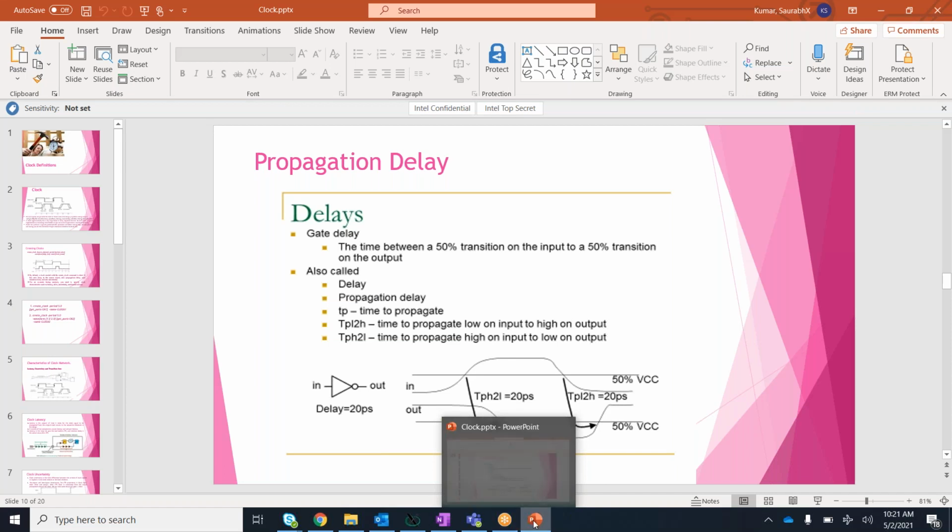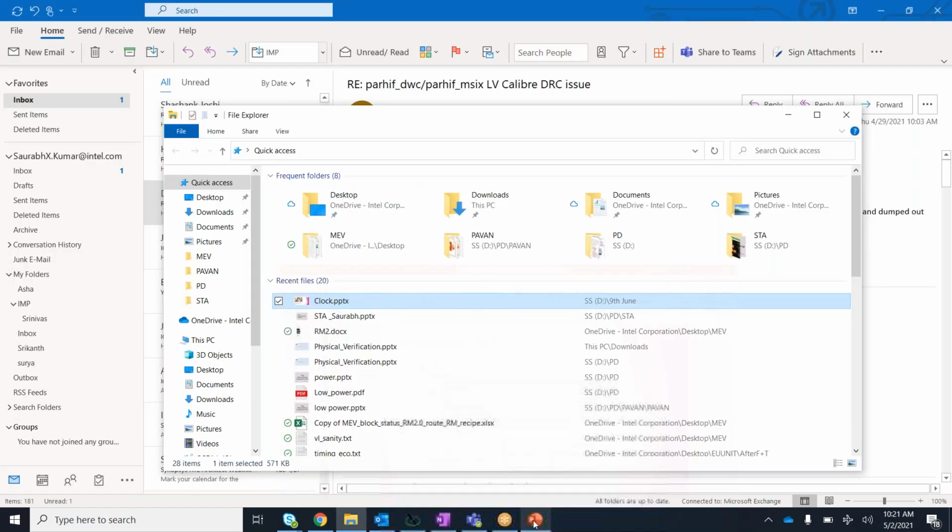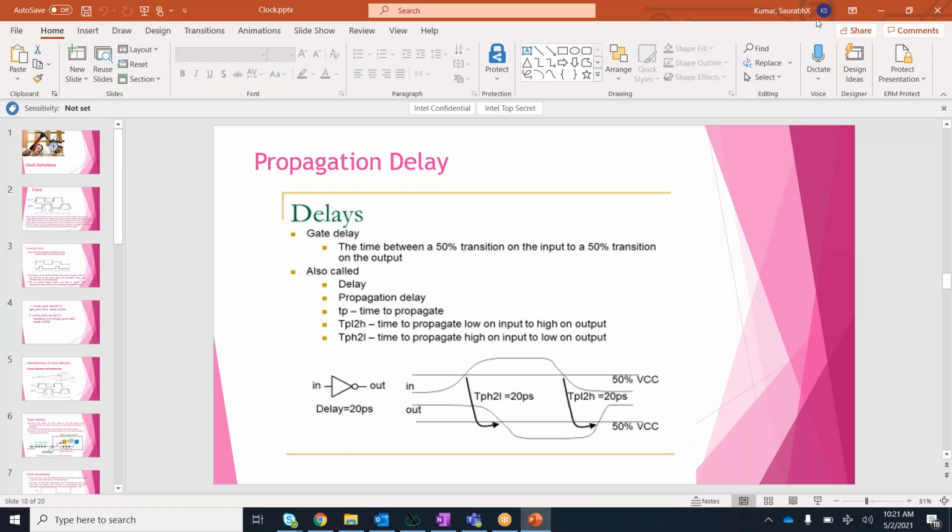Same clock period is synchronous, different clock period is asynchronous. Is that what I explained yesterday? No, sir.